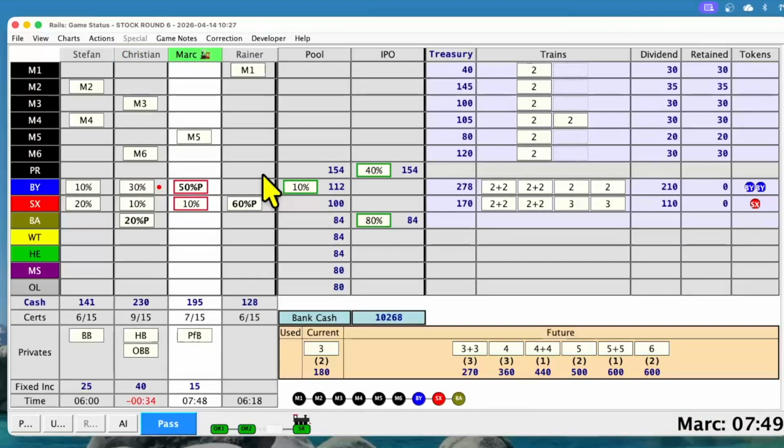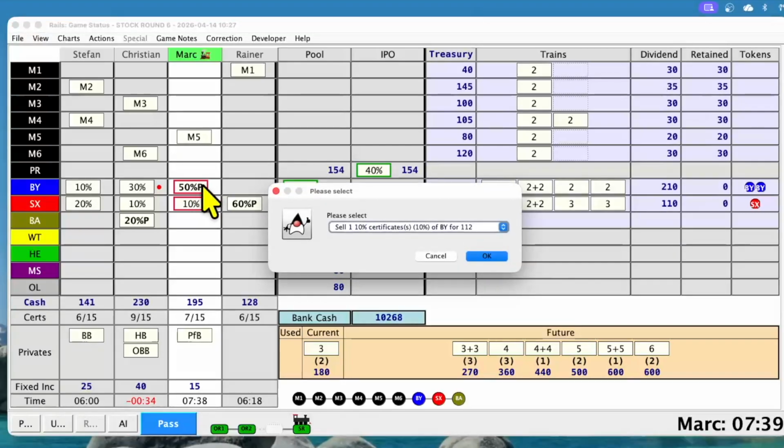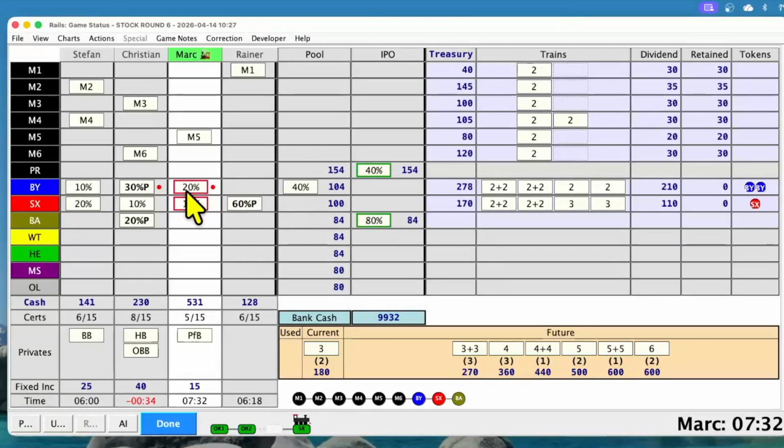The player holding the highest percentage of a company is its director. Mark in this instant decides that he doesn't like the Bavaria anymore, and he decides to sell 30% of its holding to the bank. The 30% went to the bank pool, but now Christian has more shares in the Bavaria than Mark.